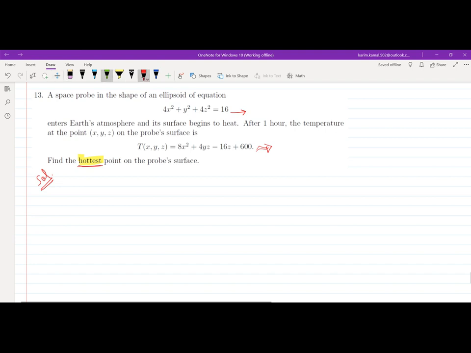When you have T of x, y, and z, which is 8x squared plus 4yz minus 16z plus 600, subject to the constraint equation, which is g of x, y, and z equals 4x squared plus y squared plus 4z squared equals 16.